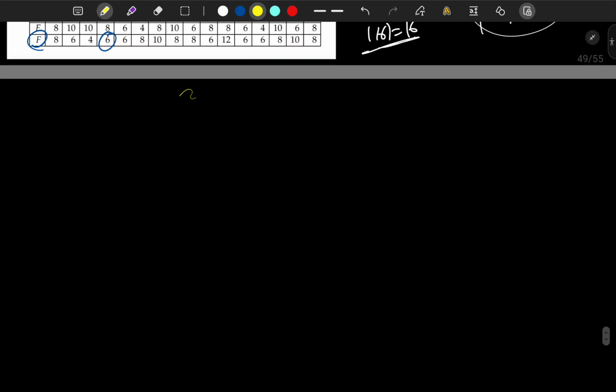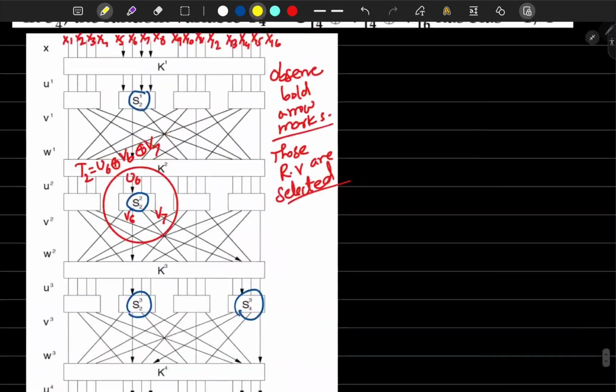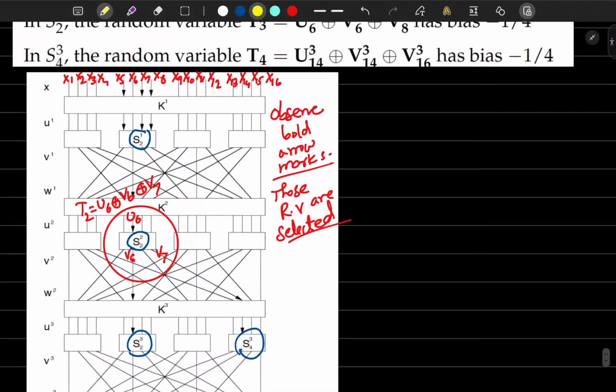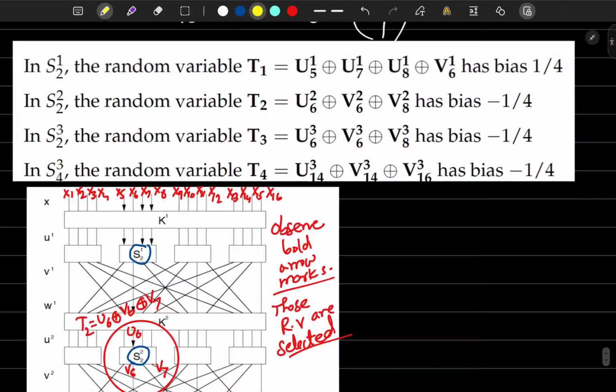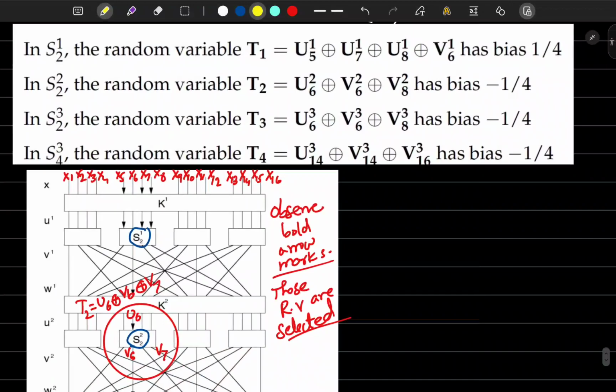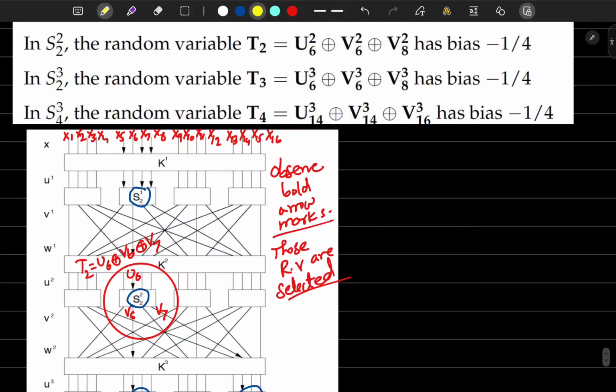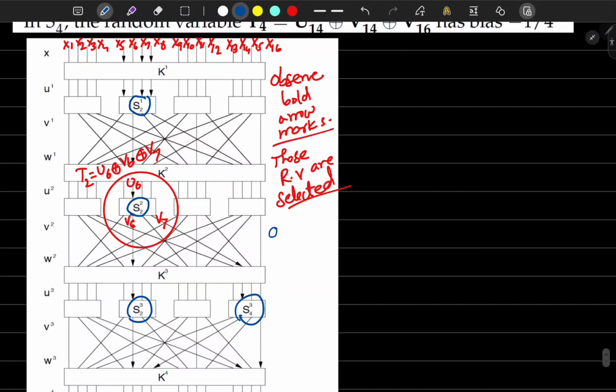Next we will see about the linear attack. So here, in this linear attack we are choosing 4 random variables. The question lies here: why are we choosing only these 4 random variables?